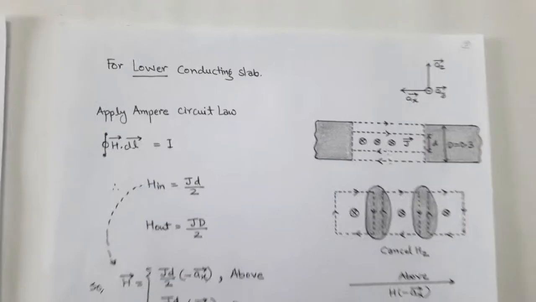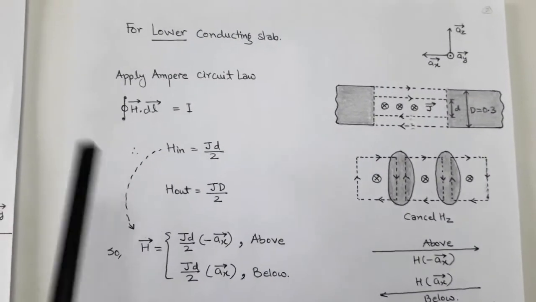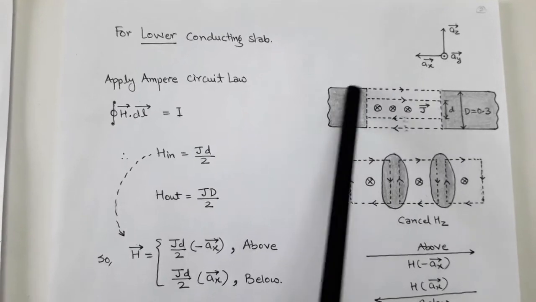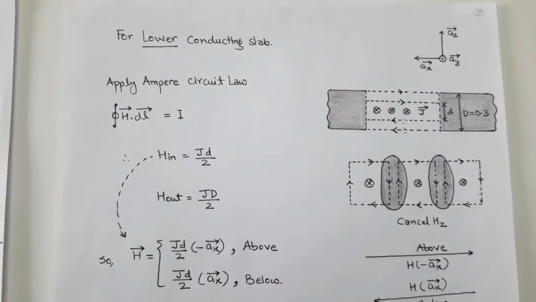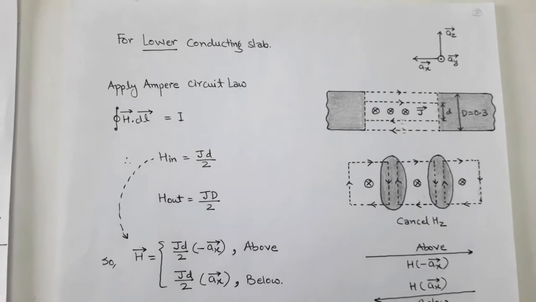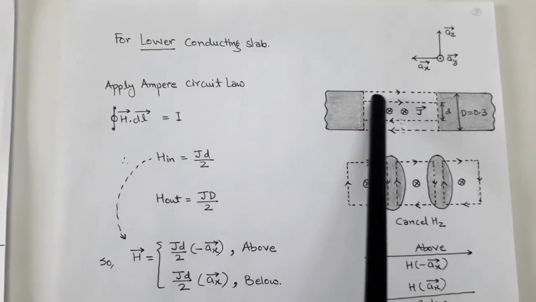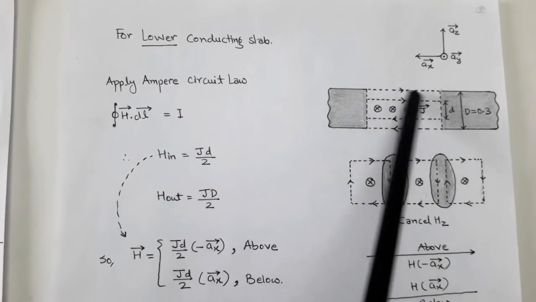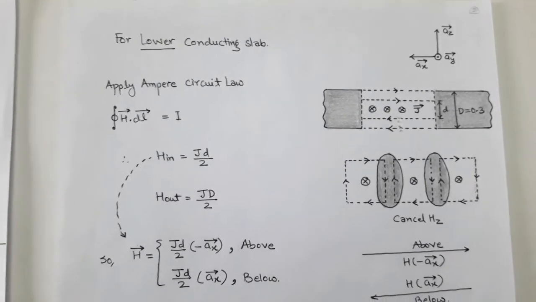Similarly, we use Ampere's circuital law. For this we assume an Amperian path. As the J vector is pointed inside the page, the direction of the Amperian path is clockwise, and it determines the direction of the magnetic field intensity H vector.